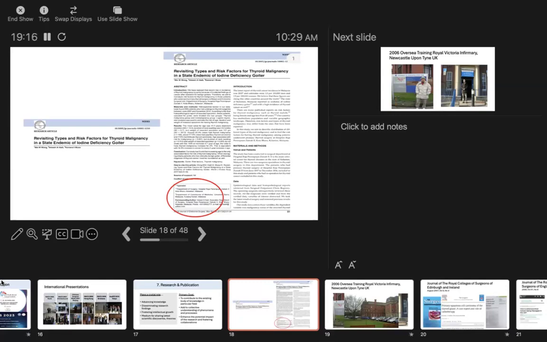Until now, I still keep receiving emails from all over the world to collaborate in other aspects of thyroid diseases. This is the thing that we have to emphasize. If you do research, you can collaborate internationally, because people will always contact you about what you are interested in.